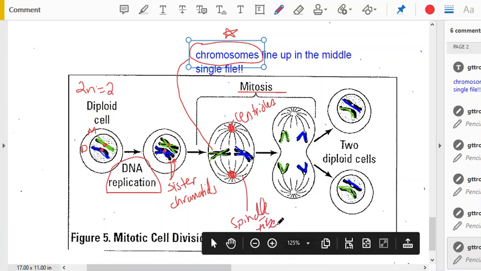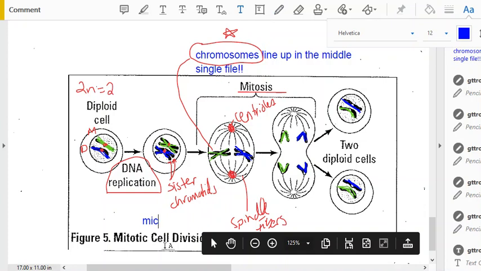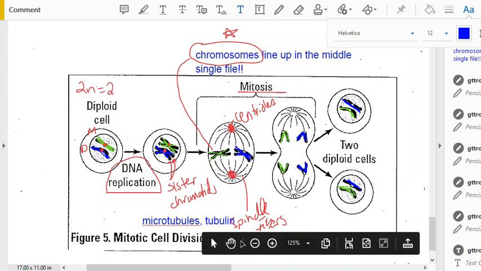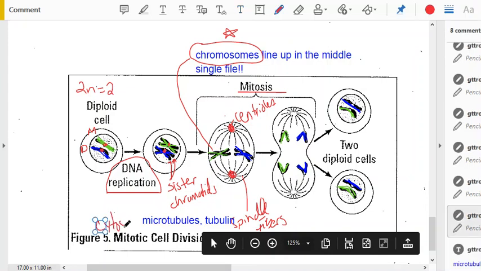Remember that spindle fibers are made of microtubules. Tubulin is the name of the protein, and this is just cytoskeleton. Remember, this is a type of cytoskeleton. I'm writing this where I have space, but you might want to write this somewhere else.